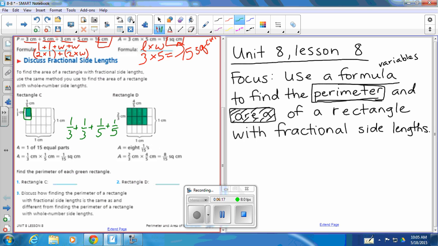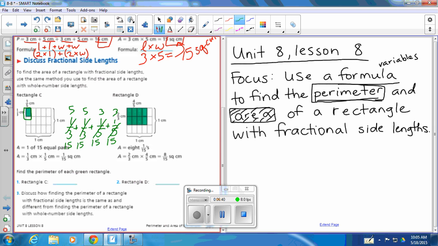Okay, I know that 3 and 5 both go into 15, so I can change all of these to 15. But now I have to think, okay, how do I get from 3 to 15? I multiply by 5, so this is going to be 5/15. This is the same. Going from 5 to 15, I have to multiply by 3, so this is going to be 3/15, and this will be the same.